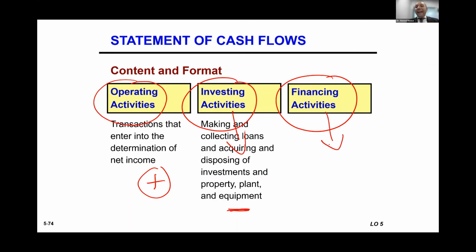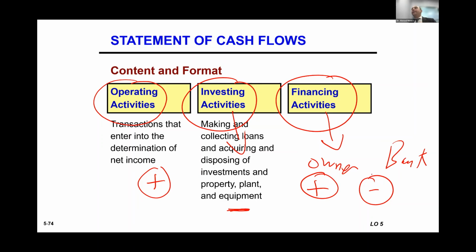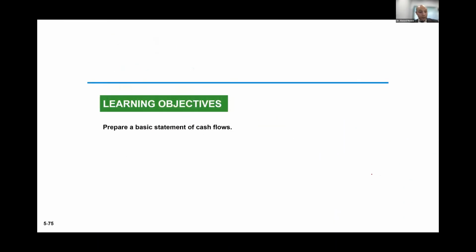But financing activities are the sources of finance, where you can get money from the owners or from the bank. So this could be a positive or negative cash flow. If it is positive, that means you borrowed money. If it is negative, that means you paid your debts to the bank. So this is how it looks.